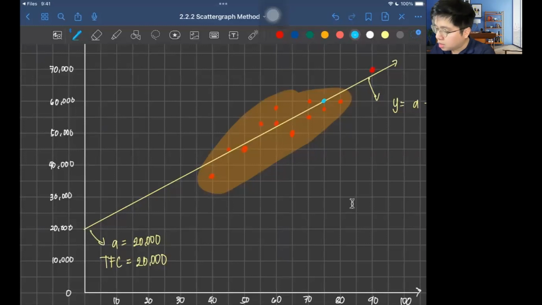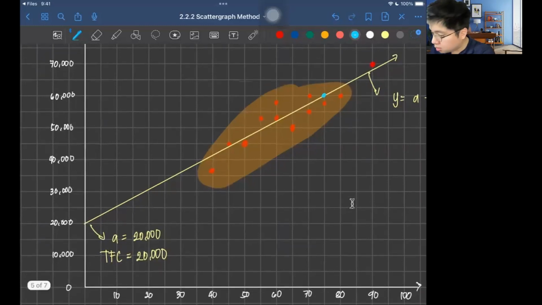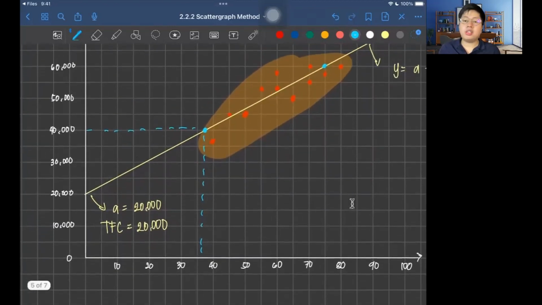Then the lowest amount here is above 35,000. So this point. The coordinates of the lowest point, let's try to approximate things. This is between 35 and 40, so let's try to make it 37.5.